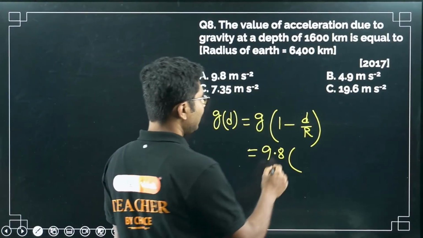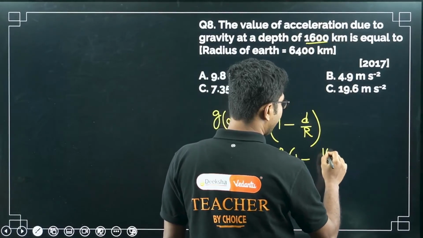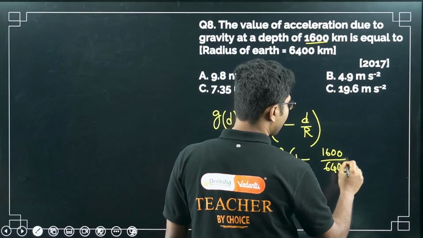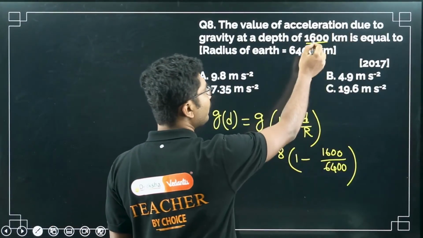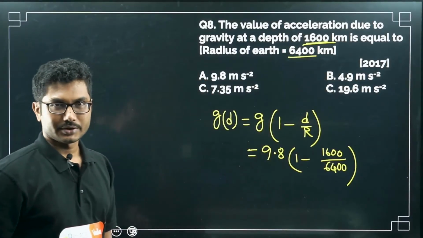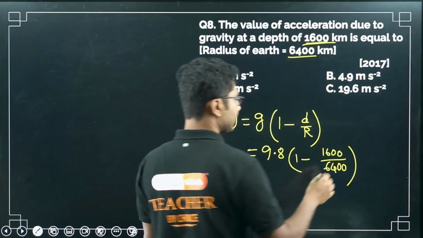And what is the value? Here d is given as 1600 kilometers. Now note that in this case we don't need to convert it into meters. Why? Because it's a ratio of 1600 kilometers and 6400 kilometers. Both are in kilometers, so we don't need to convert it into meters.